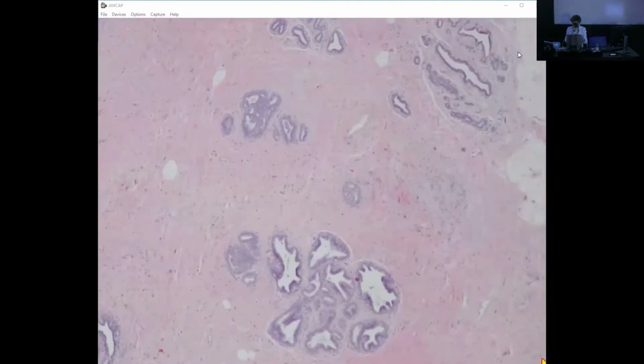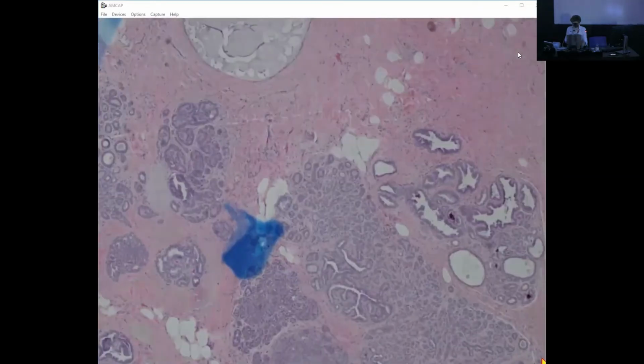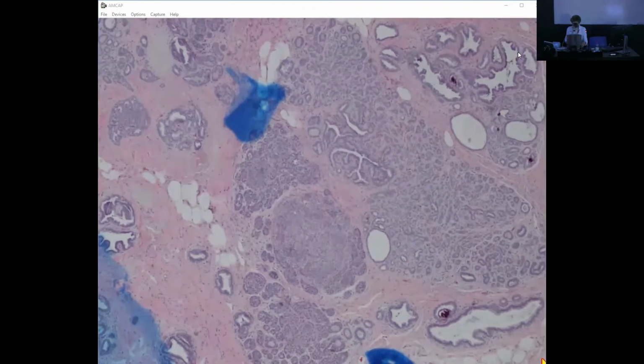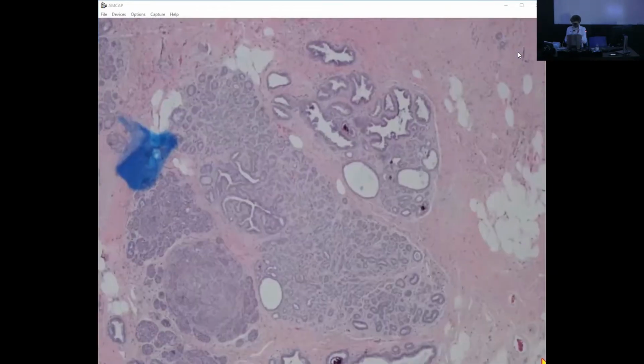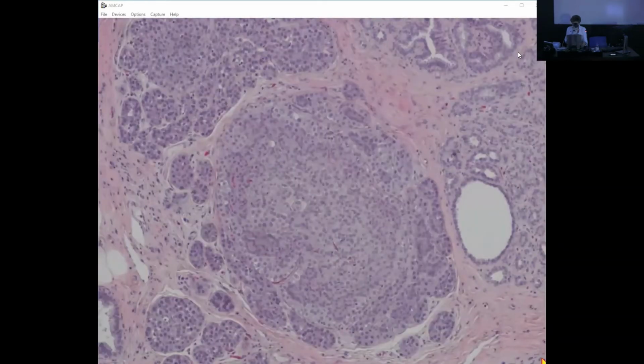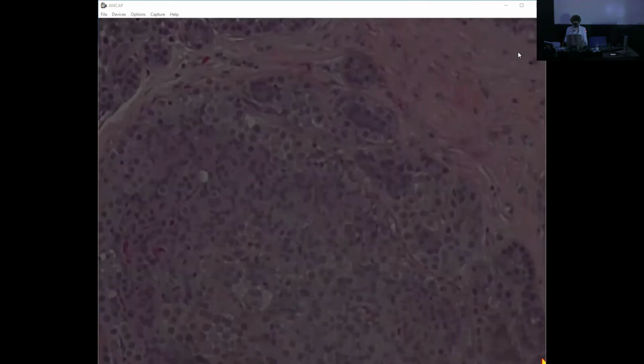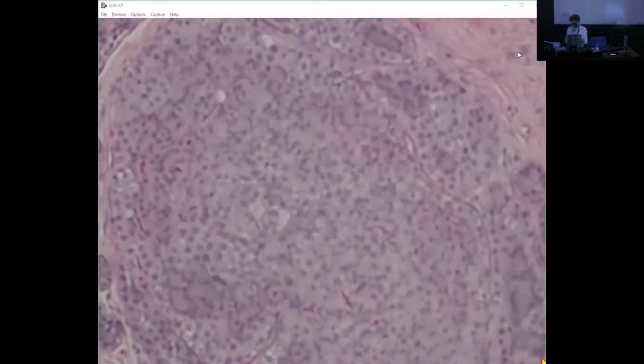And in some other areas there is this proliferation. What do you think about this one? Ductal or lobular? Lobular, definitive. What makes it so lobular?